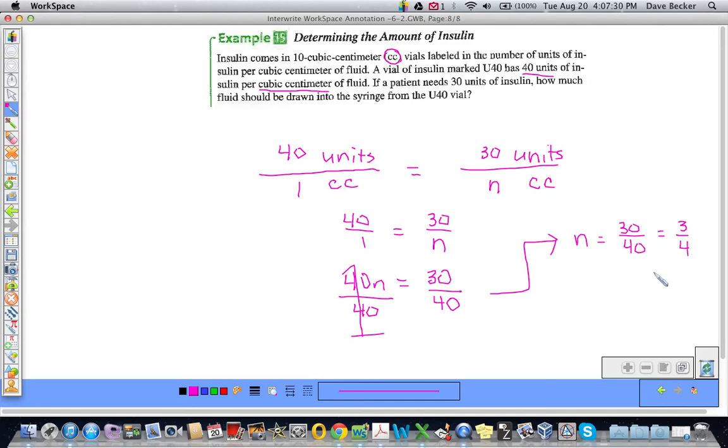Okay, but cc's are usually done in decimals, so I'm going to say 0.75 cubic centimeters or cc. So from this U40 vial, 0.75 cubic centimeters should be drawn for this particular patient who needs 30 units of insulin.